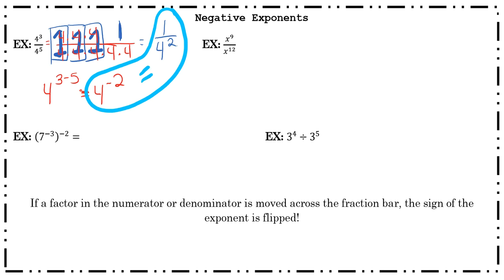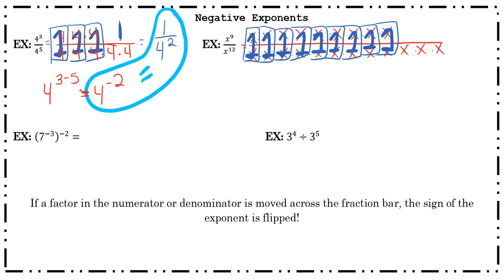So if we look at our second example, we have x to the 9th divided by x to the 12th. So if we write that all out, we'll notice that again, all of my x values in the numerator cancel to 1, so I'm left with a 1. And then I'm left with x times itself 3 times in the denominator.